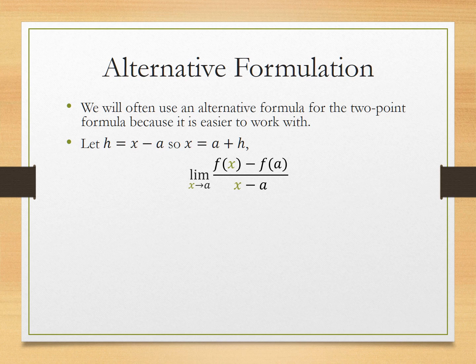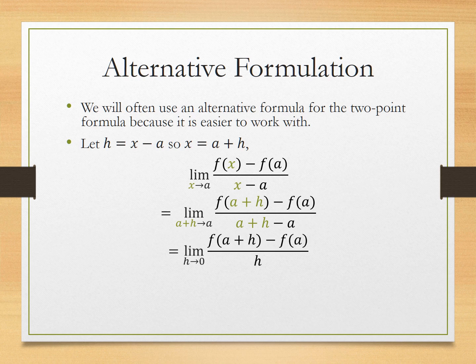Starting with the limit of the two-point formula, you can substitute in a plus h for x. Then you'd get the limit as a plus h approaches a of f(a plus h) minus f(a) over a plus h minus a. Cancel out the a's that you can cancel out.